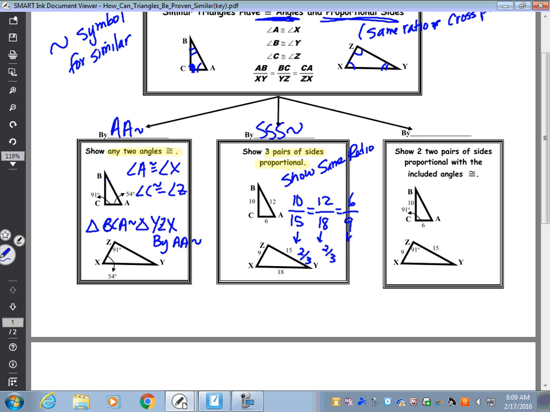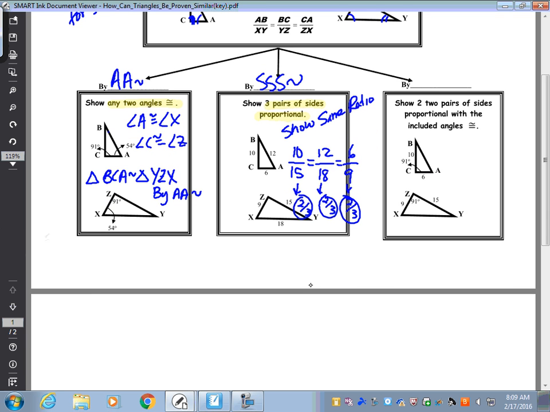And 6 over 9 reduces to 2/3. Because they reduce to the same ratio, I prove that all three sides are proportional. Therefore, triangle BAC is similar to triangle YXZ by side-side-side similarity.